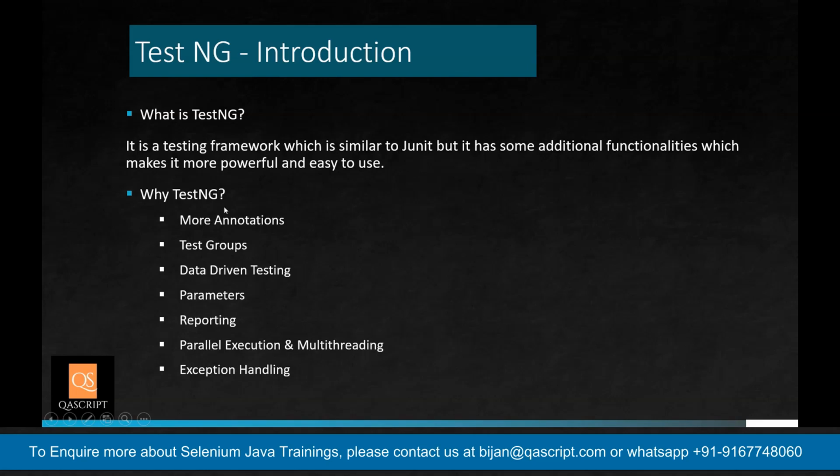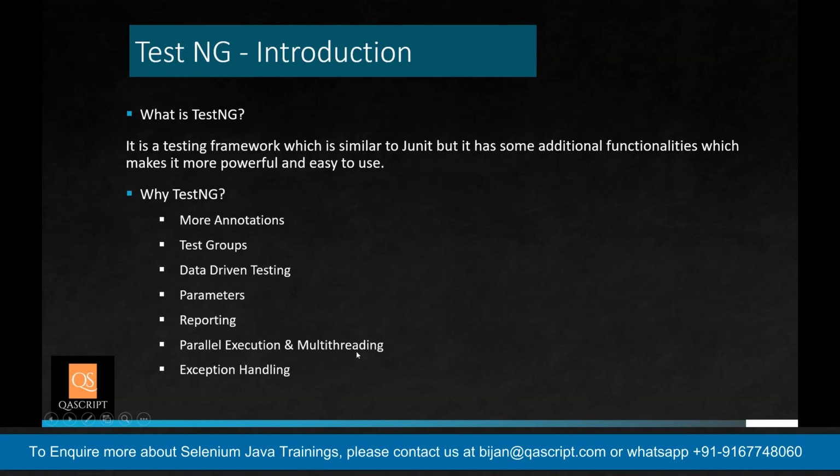Now, why TestNG and not JUnit? It has more annotations compared to JUnit, right? You can group your tests in TestNG. You can perform data-driven testing. You can use parameters. TestNG provides default reporting, right? Which is not present in Selenium or even JUnit.